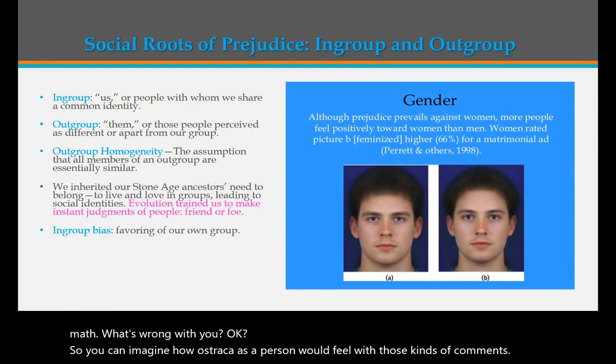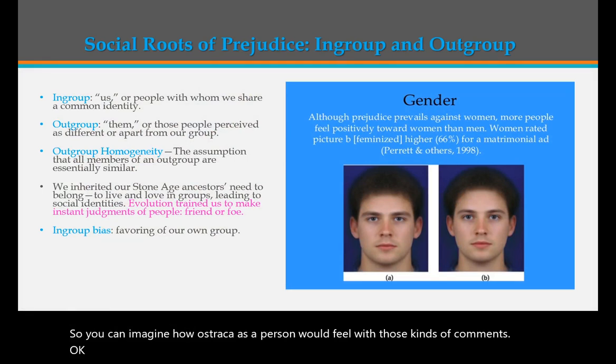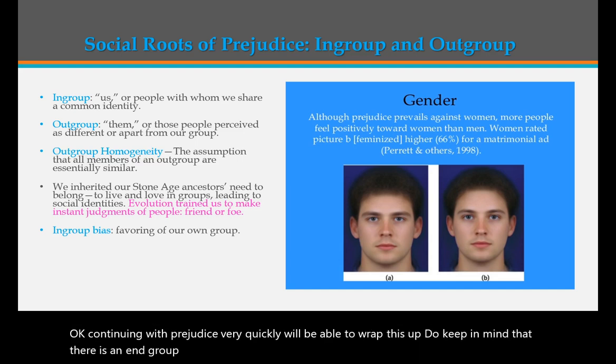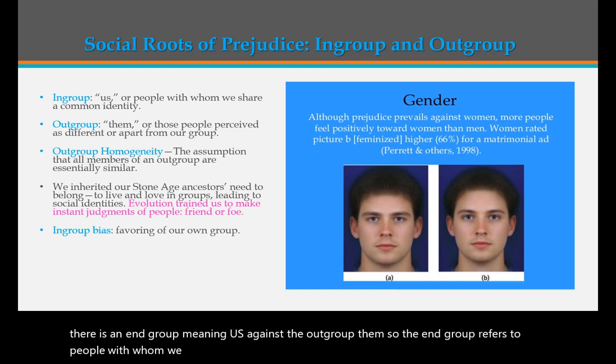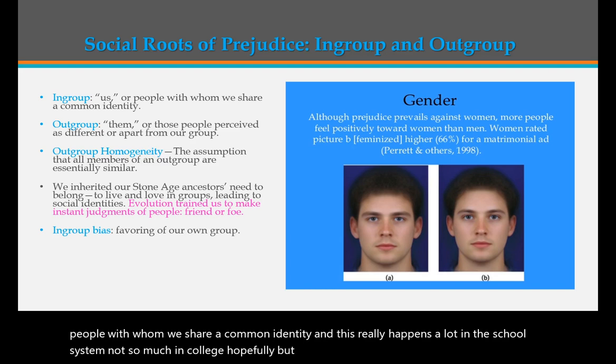Okay. Continuing with prejudice very quickly, we'll be able to wrap this up. Do keep in mind that there is an in-group, meaning us, against the out-group, them. So the in-group refers to people with whom we share a common identity, and this really happens a lot in the school system. Not so much in college, hopefully, but certainly in elementary, middle, and high school.